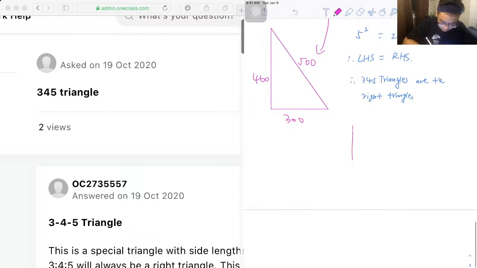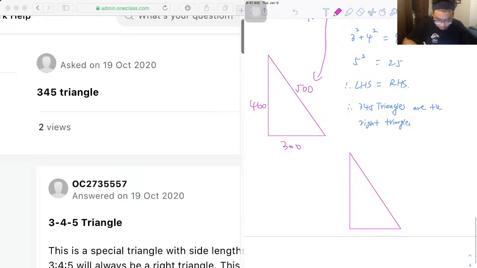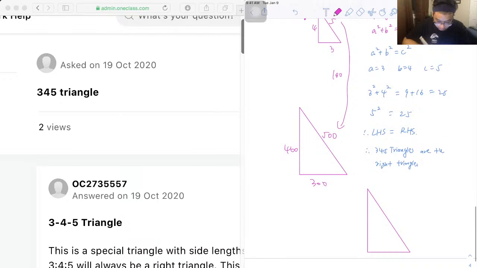And also, another example can be, let's say, so that's 15, that's 9, and that's 4, no, that's 12, right?